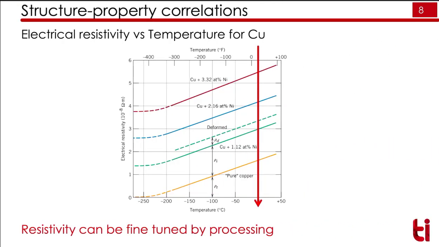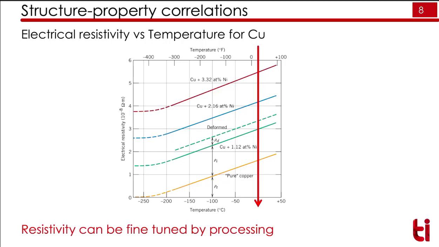The next example is of electrical resistivity. The electrical resistivity of pure copper will change due to impurity, deformation, or some processing.